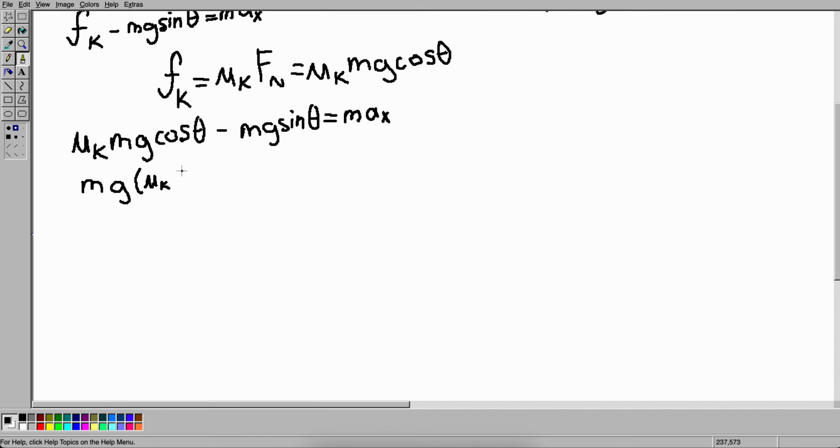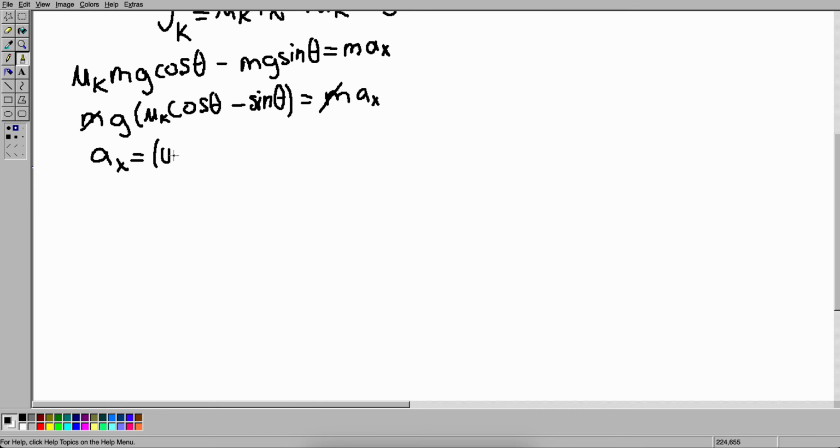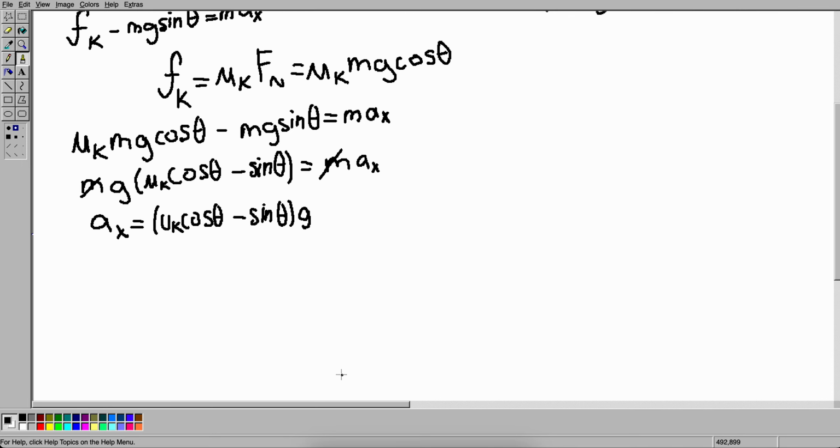We have m on both sides, so we can cancel those out. So we're left with the acceleration in the x direction is equal to mu sub k cosine theta minus sine theta, that quantity multiplied by g.